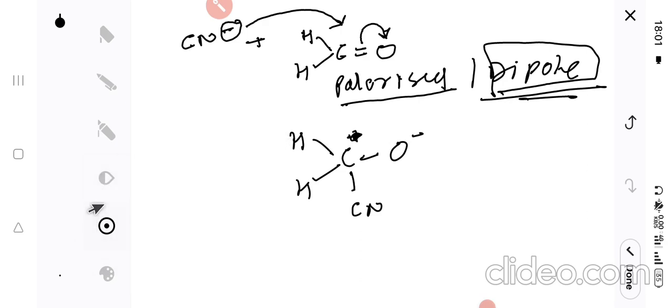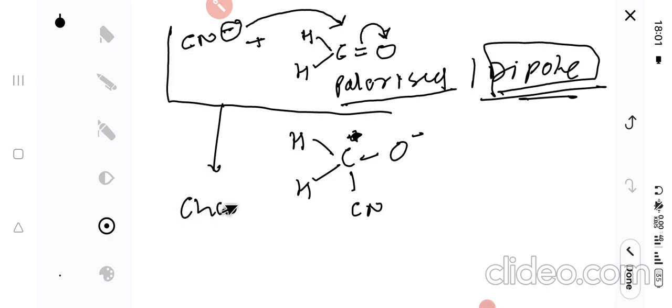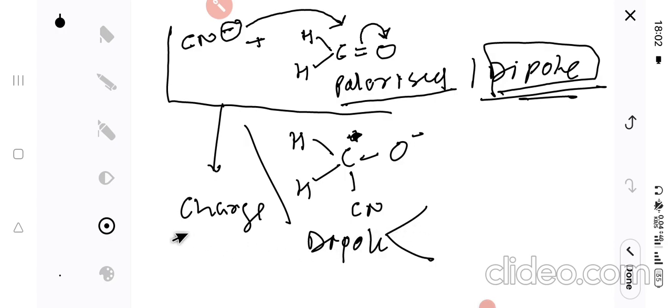Again the question is the same: is it necessary to have either a charge or a dipole? The answer is no, not a dipole always necessary, not a charge always necessary.